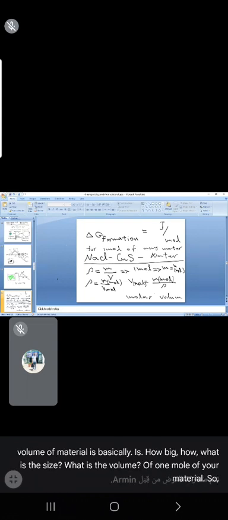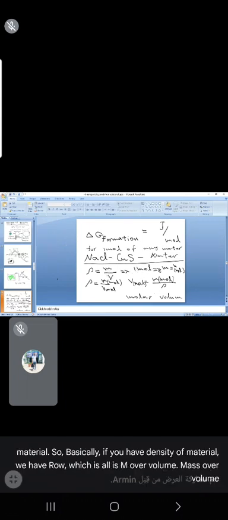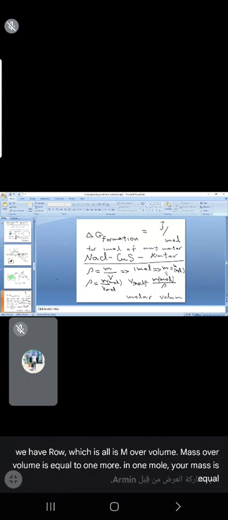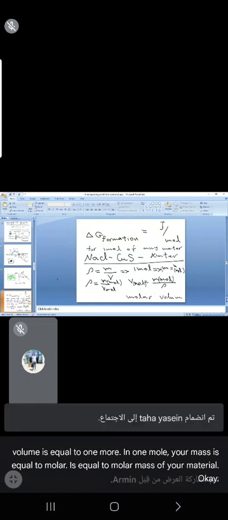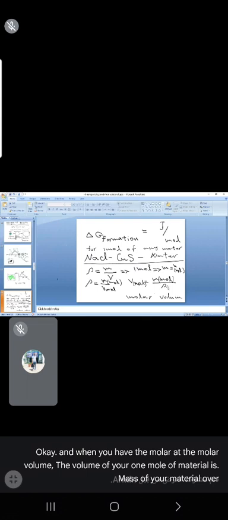So if we have the density of your material, rho, which is mass over volume, in 1 mole, your mass is equal to the molar mass of your material. And the molar volume, the volume of 1 mole of material, is the mass of your material over the density of your material.